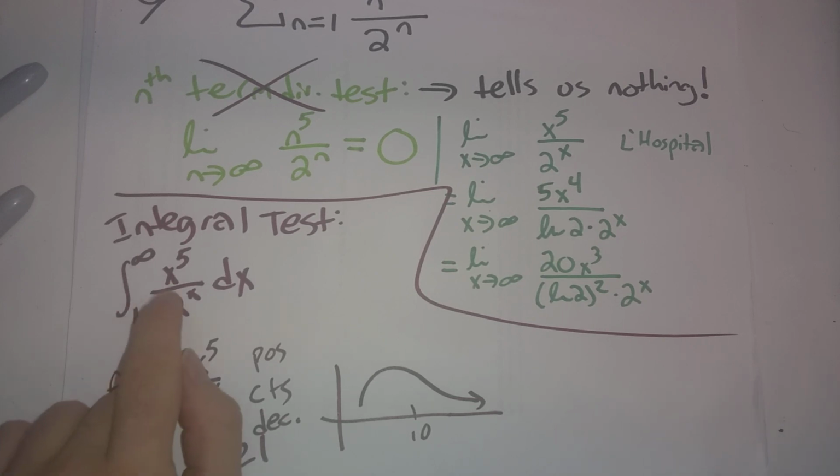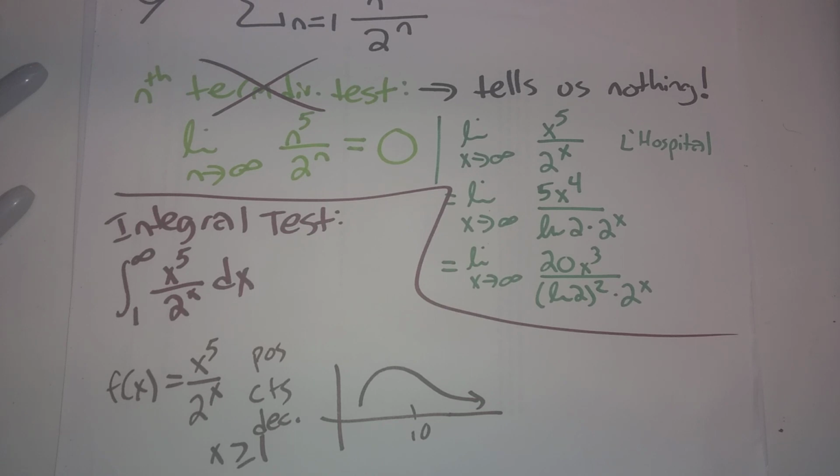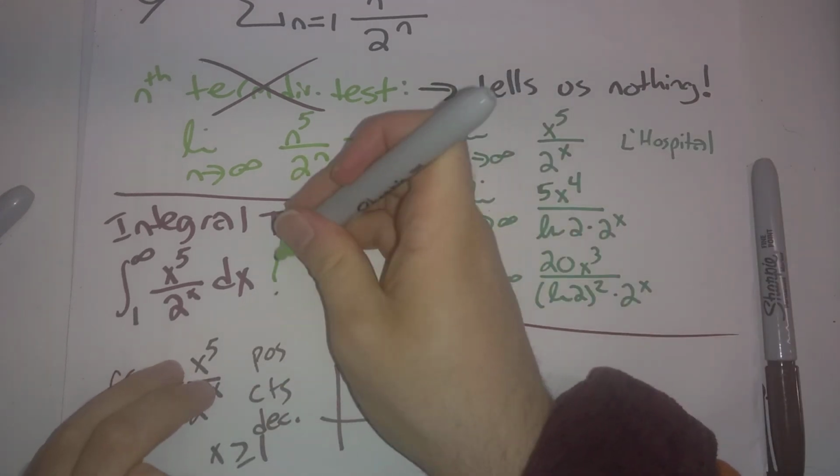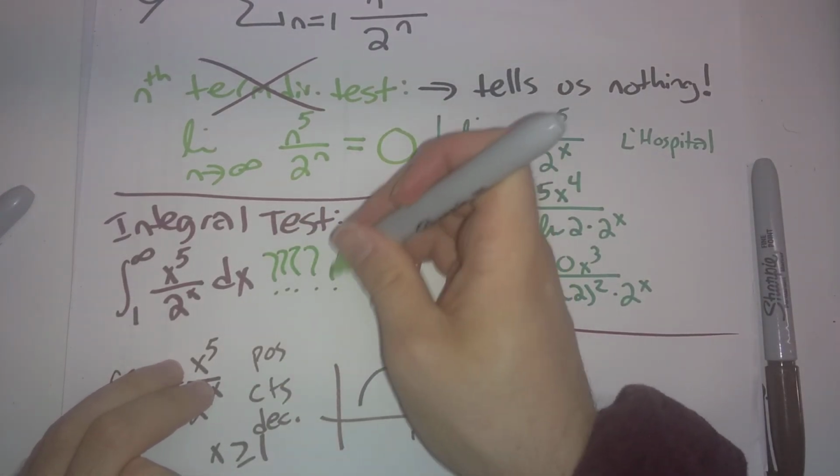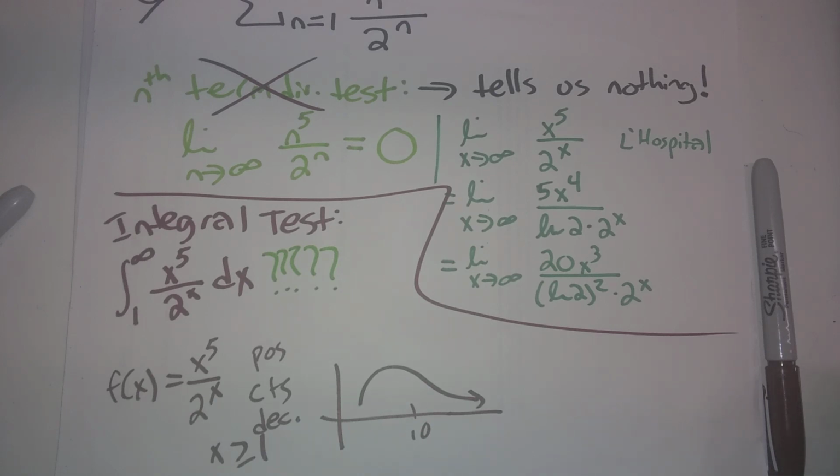However, take a look at this integral. I don't have a clue how I would go about evaluating this integral. X to the 5th, that's fair enough, but divided by 2 to the x, this just looks flat out nasty. I have no idea how I would determine whether or not this integral converges or diverges.